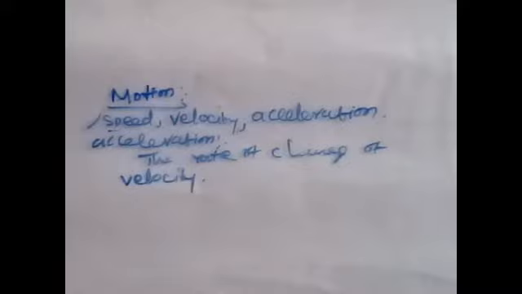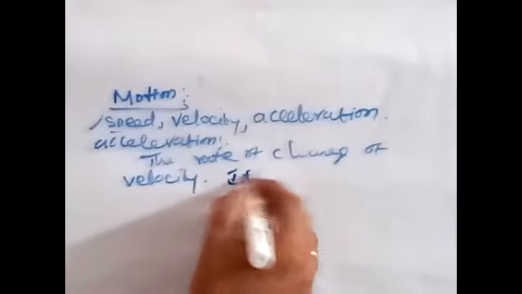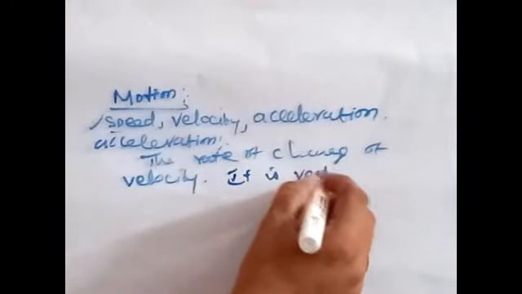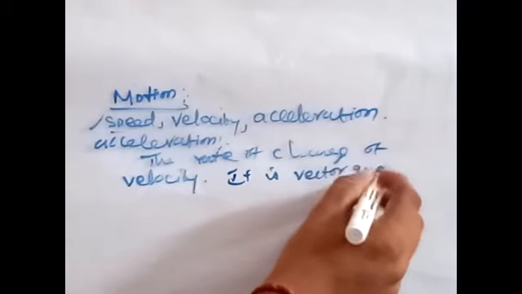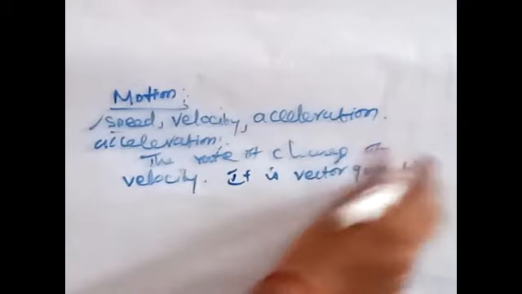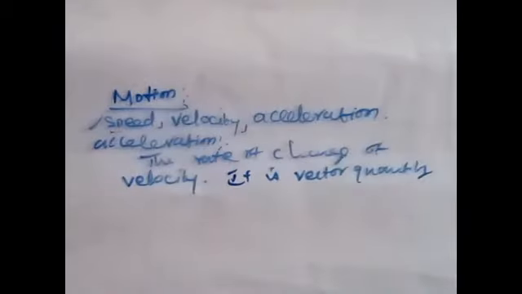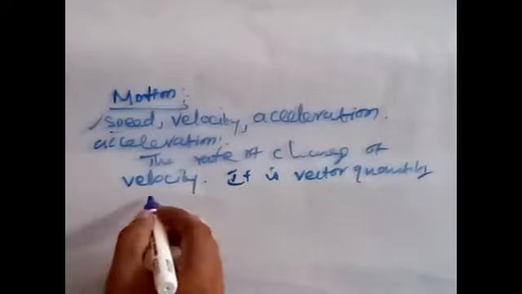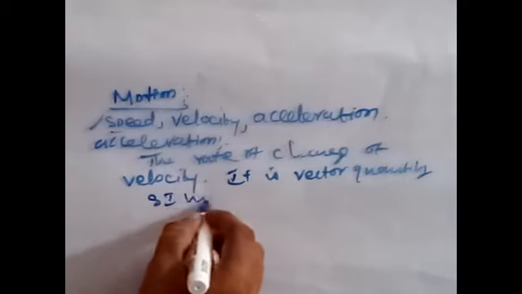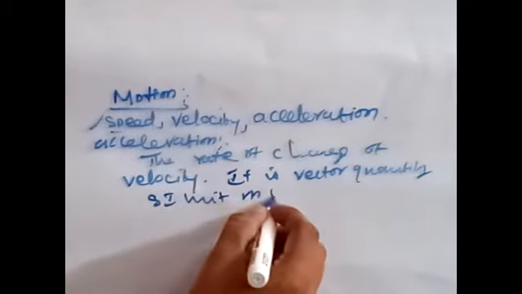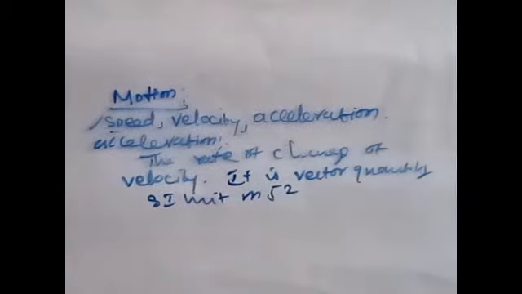It is also a vector quantity because it has magnitude and direction. The SI unit of acceleration is m s^-2. So acceleration is equal to change in velocity divided by time.